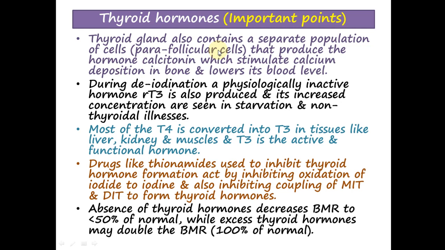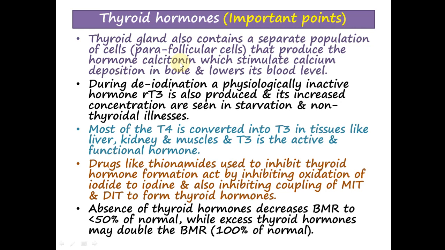These parafollicular cells secrete another hormone known as calcitonin, which is entirely different from thyroid hormones, and it is associated with the calcium level in the blood.